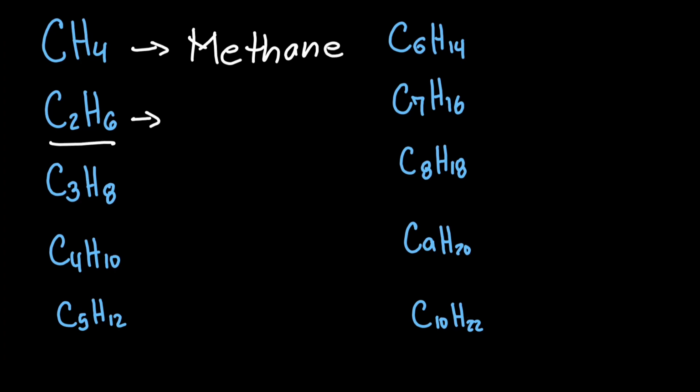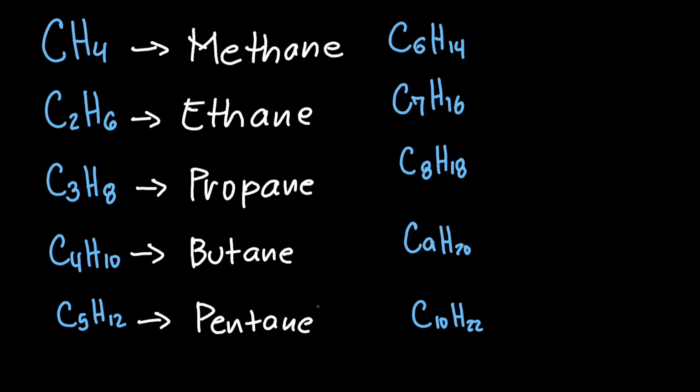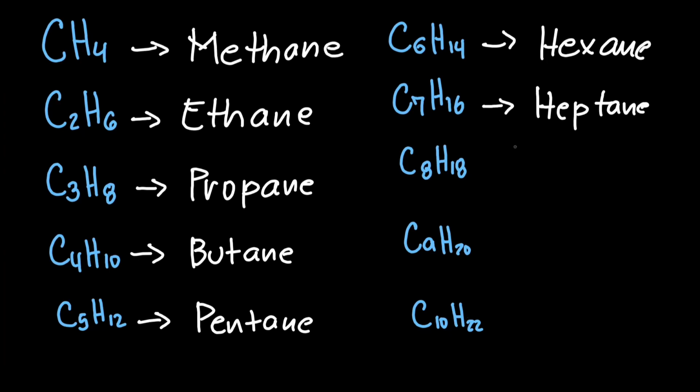Whenever you have 2 carbons in here, it corresponds to ethane. 3 carbons corresponds to propane. 4 corresponds to butane. 5 here corresponds to pentane. 6 would be hexane. 7 would be heptane. 8 would be octane. 9 here would be nonane.